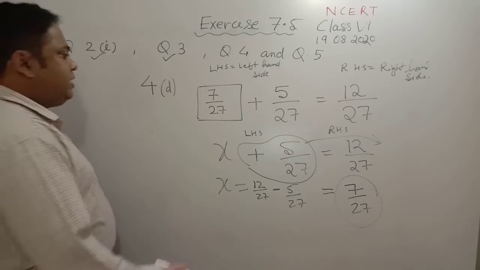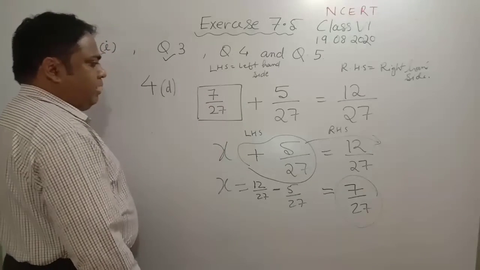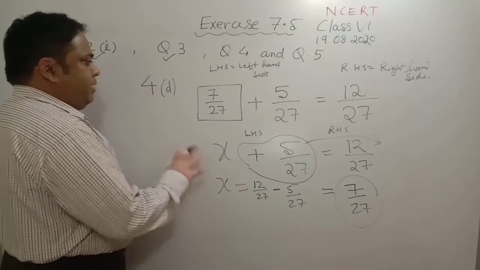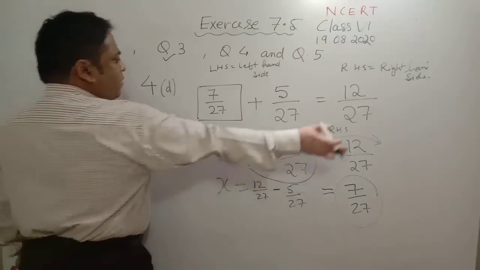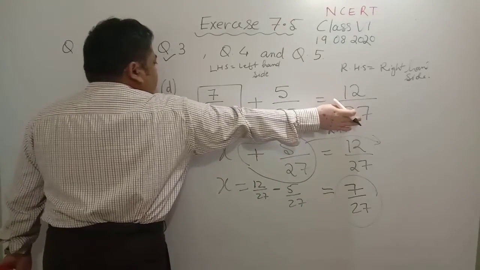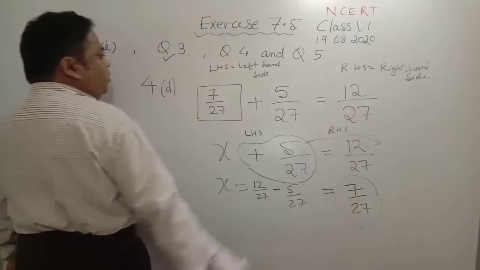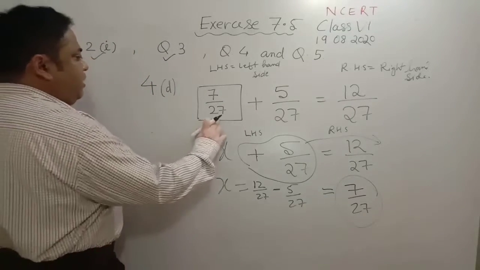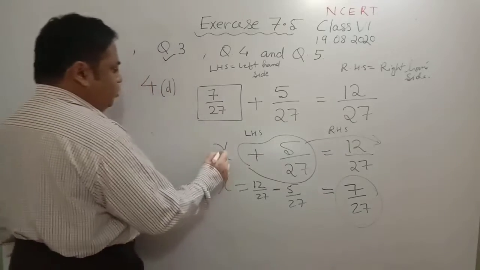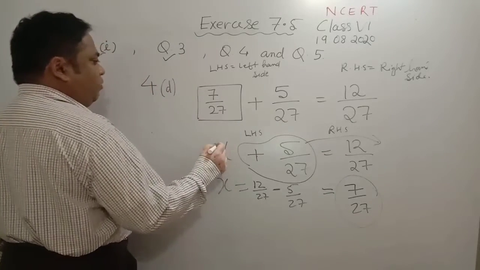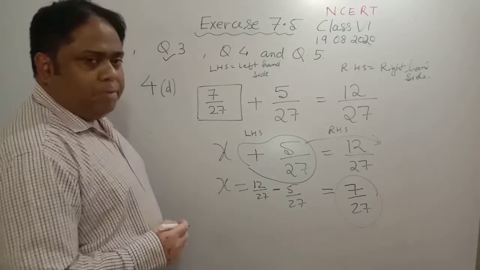Since these are easy fractions, you can do it by visualization also. By mental calculation also you can do. Means if you hide the denominator, you will only see the numerator. So see 7 plus 5 is equal to 12. Very easily you can do. But if the denominator will be different, then you have to use this method. So this method will help you in both easy problems and difficult problems.